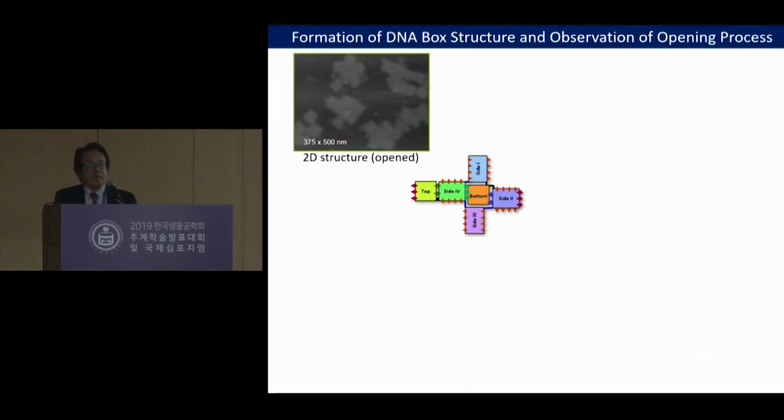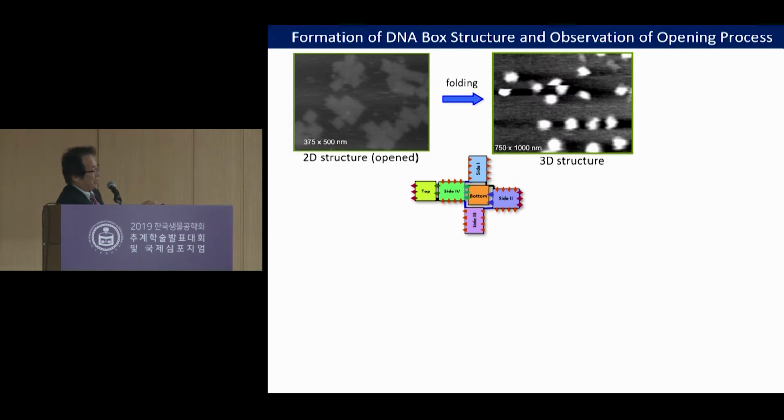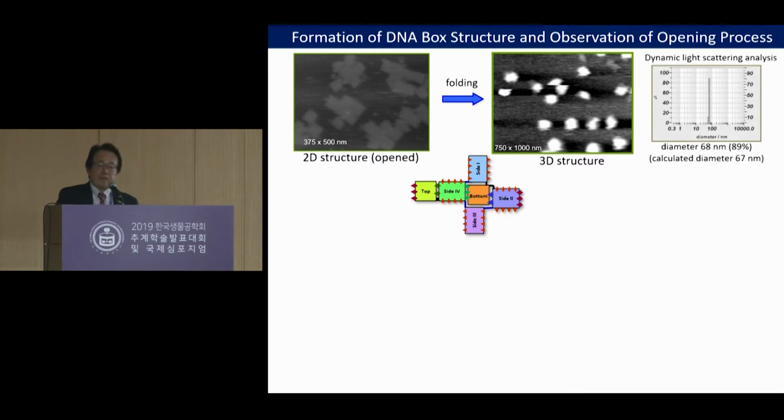If we want to make a 3D structure, we often prepare the extended form first. This is the case of a DNA box. You can see the extended structure here. By adding connecting strands, which connect this face and this face, and this face and this face, and so on, we can get the particle. The size is reasonable based on dynamic light scattering analysis.